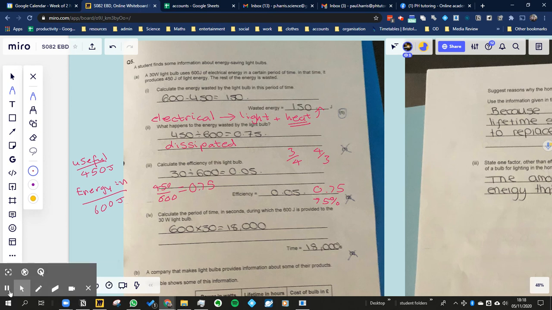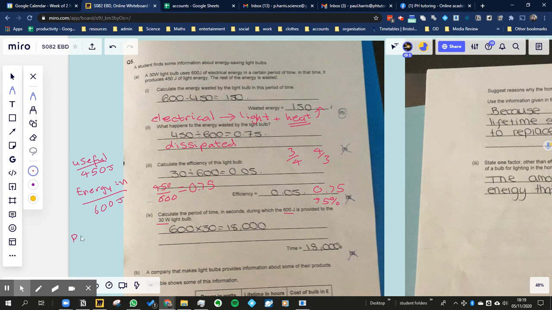Okay. So part 4 now, it's saying calculate the period of time in seconds during which the 600 watts is provided to the 30-watt light bulb. This is probably the hardest question of the lot, but it's all down to understanding what power is and how it's worked out.